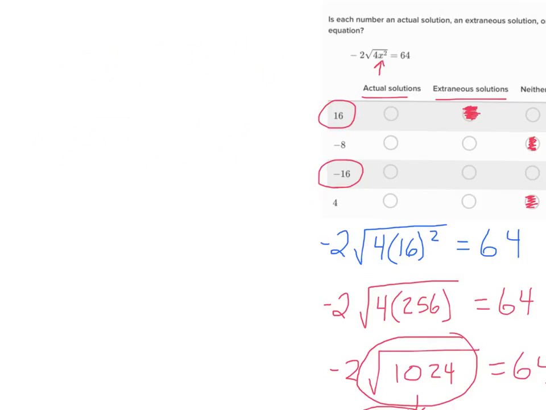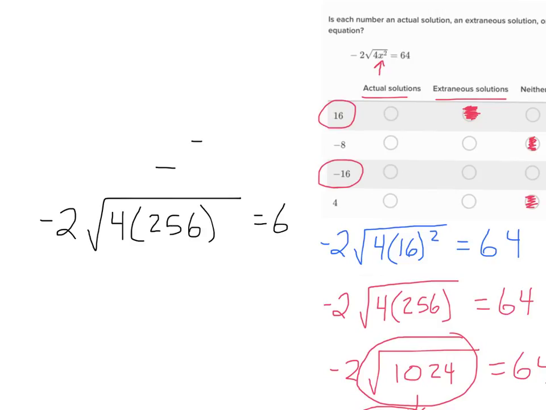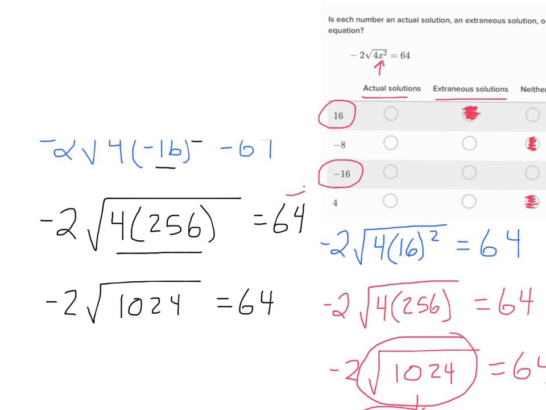Negative 16 squared is positive 256, and 4 times 256 is 1,024, so I have negative 2 times the square root of 1,024, and that has to equal 64.